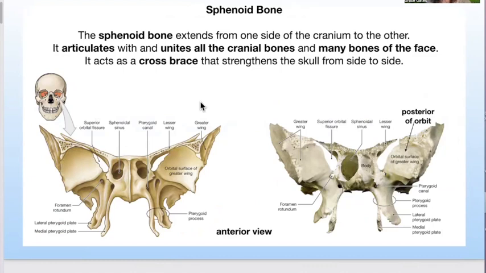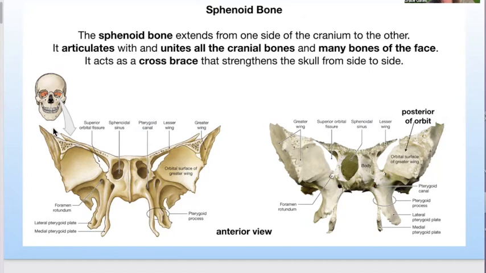All right, so the sphenoid bone, hidden back there behind our eyes, you see the sphenoid bone shown here in this little skull as the orange, and that's showing that the sphenoid bone is in part the posterior wall of the orbit or the eye socket, but it does more.